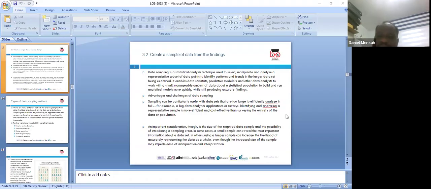So the writer is making two distinct arguments: that in many other cases, a sample that is not huge, a small sample, gives the most important information.